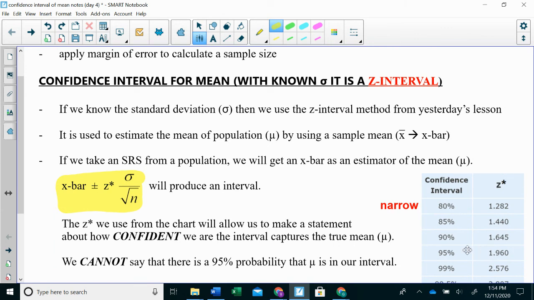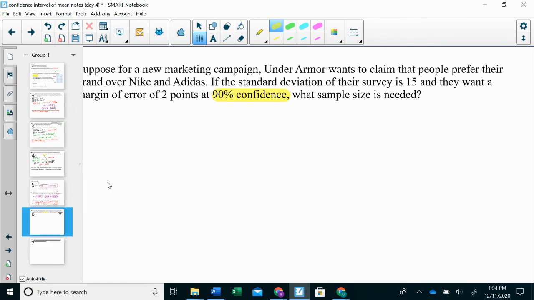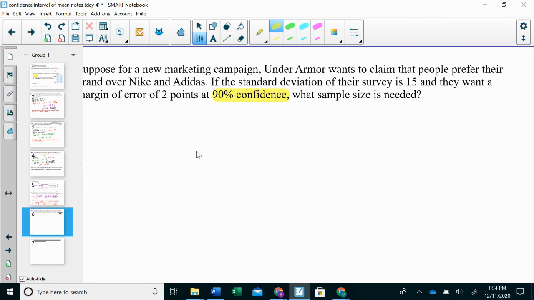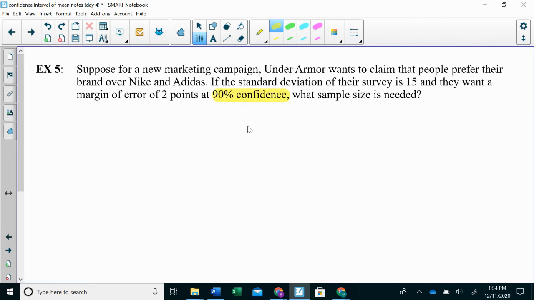So 95% is commonly the one used. So make sure we read problems carefully when it changes to a different confidence interval. So we're dealing with 90% confident. So again, 90% confident, we want to use 1.645 as our Z interval.